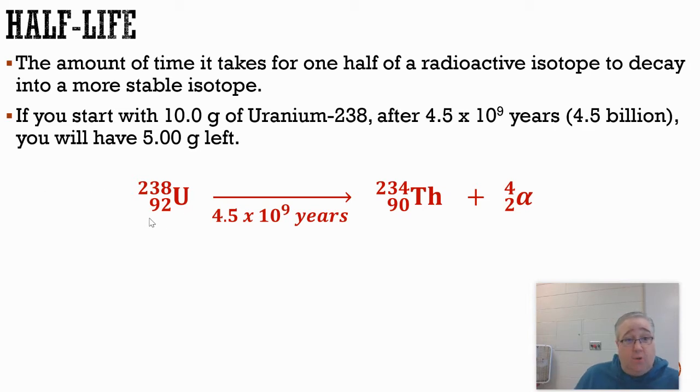All right, here's a really good example of something that is unstable and will undergo decay and turn into something more stable. This is uranium-238, an isotope of uranium. Yesterday we talked about uranium-235, which is another isotope of uranium. There's a whole bunch of different radioactive isotopes. So uranium-238, because it's radioactive, will decay into something that's more stable.